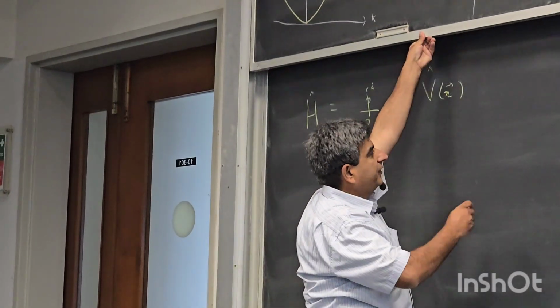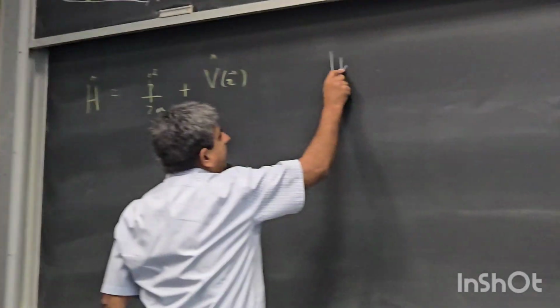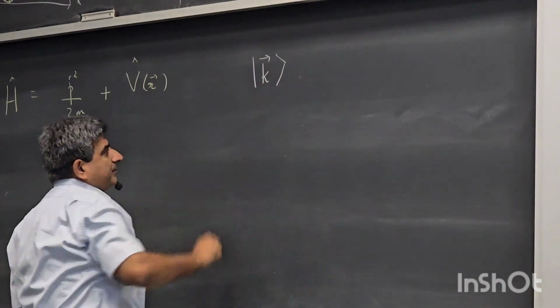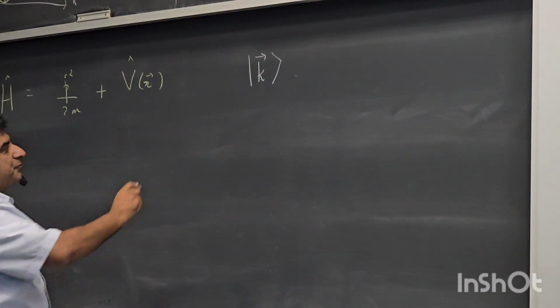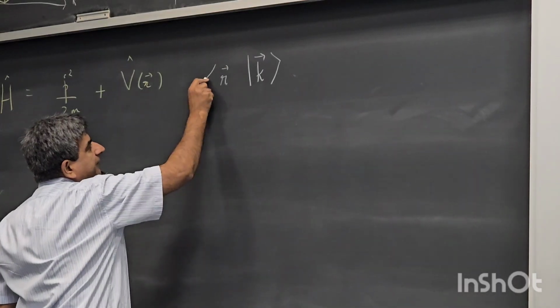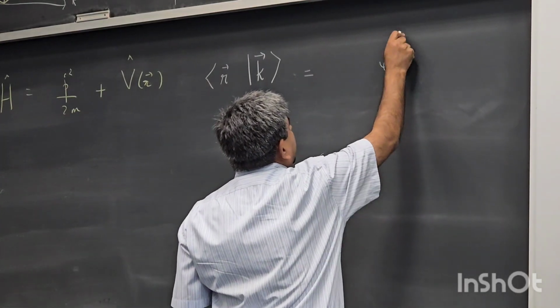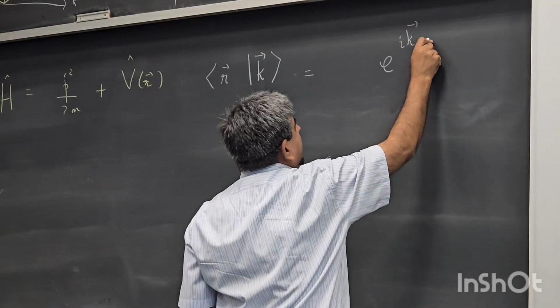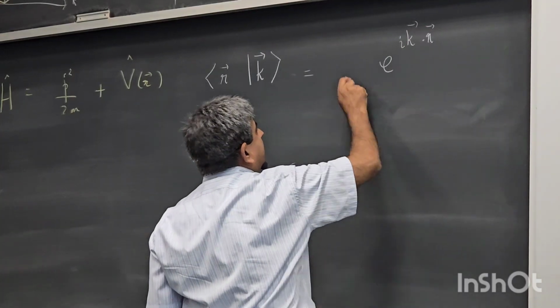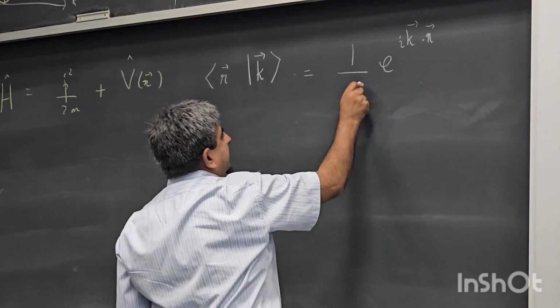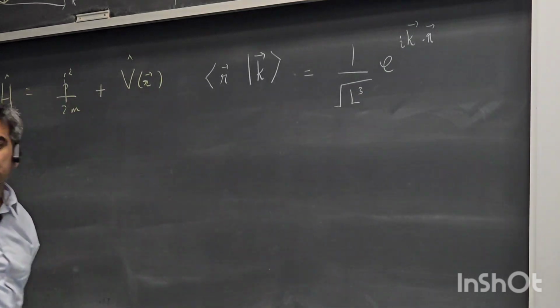So for a free particle, I can have the quantum state ket k, which when expressed in the position basis is given by e^(ik·r), and I can put in some normalization factor if I like.